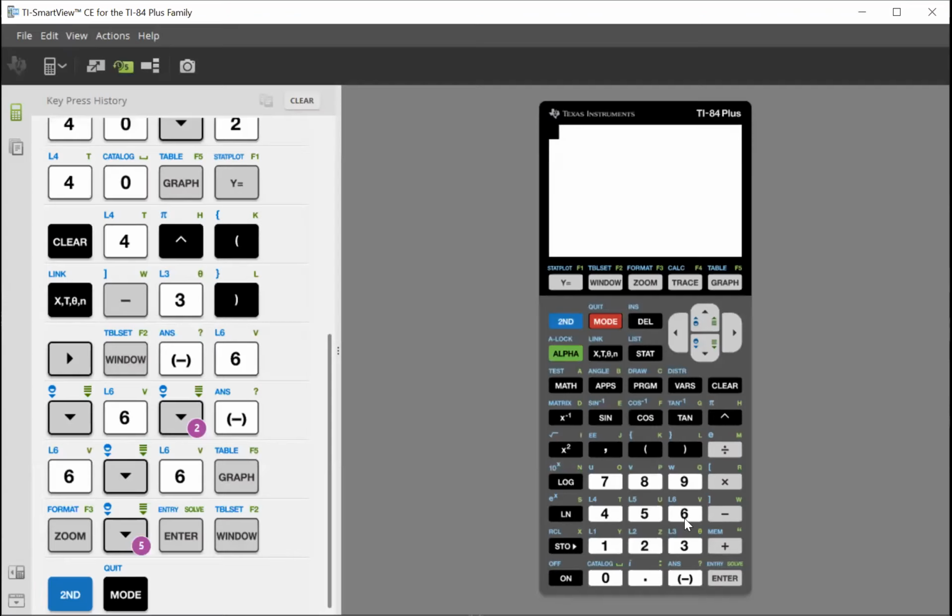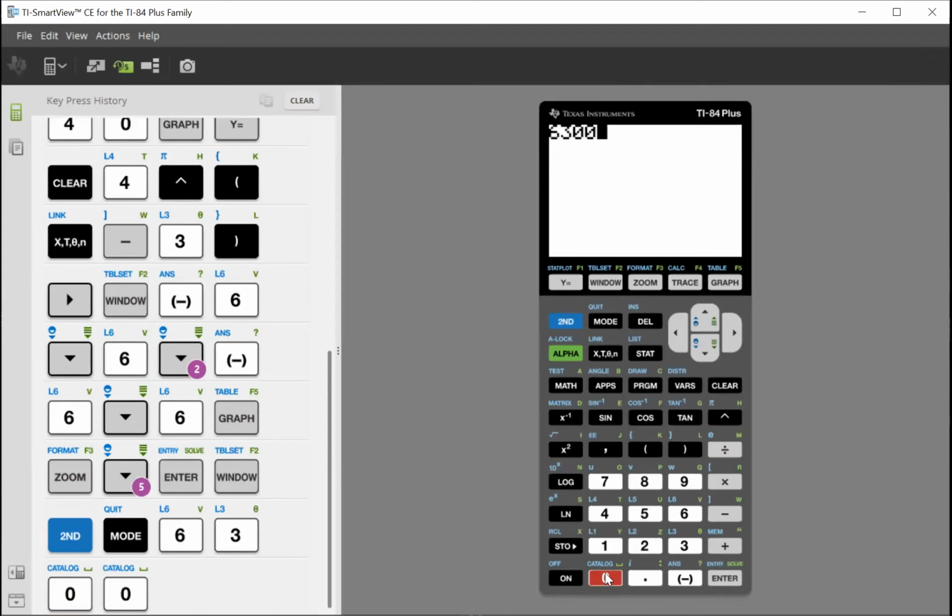So I would come in here, punch my 6,300. Now, since my e has an exponent, I would hit second LN, because you see that little blue e with the x up there? If you hit that button, it gives you the exponent.